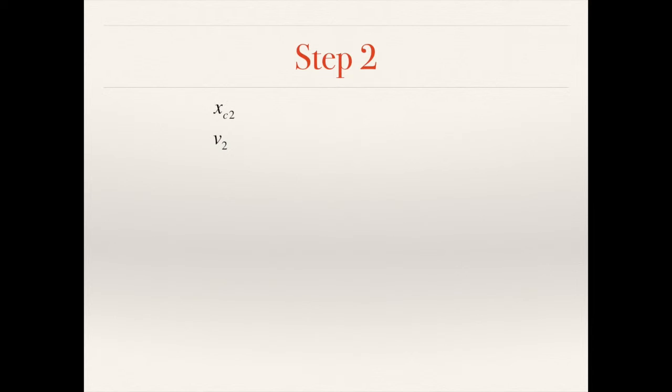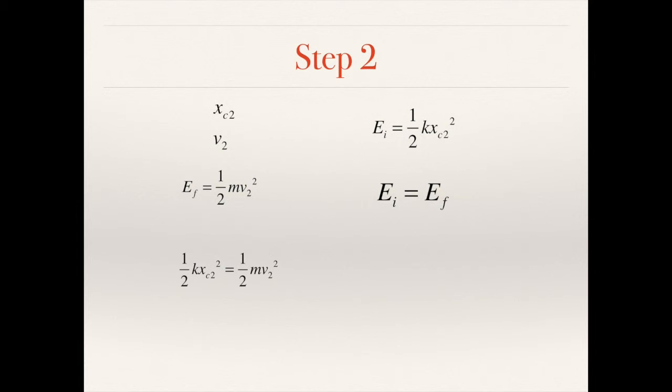As before, we have E initial equals k times x_c2 squared over 2, and E final equals m times v2 squared over 2, and E initial equals E final, so k times x_c2 squared over 2 equals m times v2 squared over 2, which will give us v2 equals x_c2 times the square root of k over m.